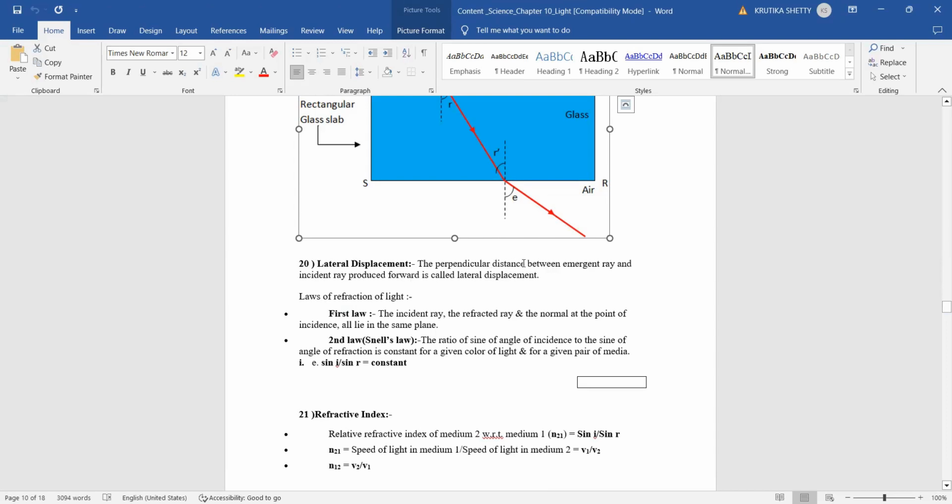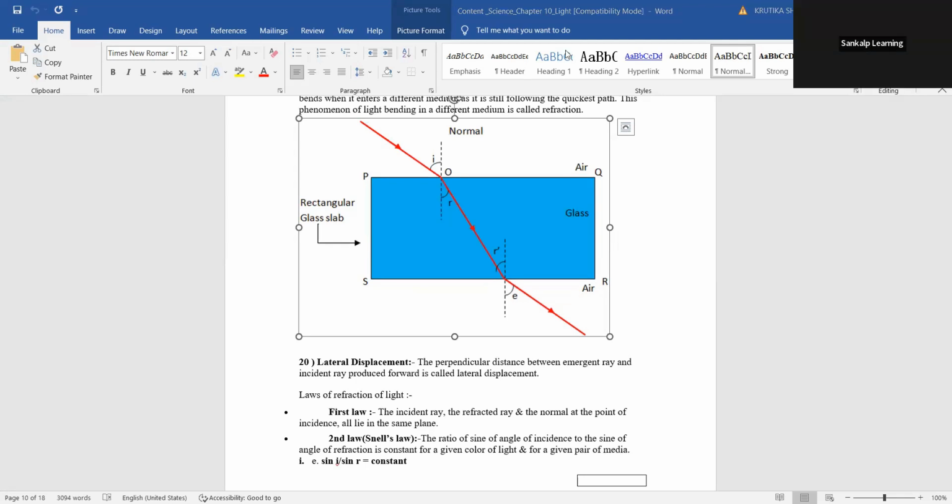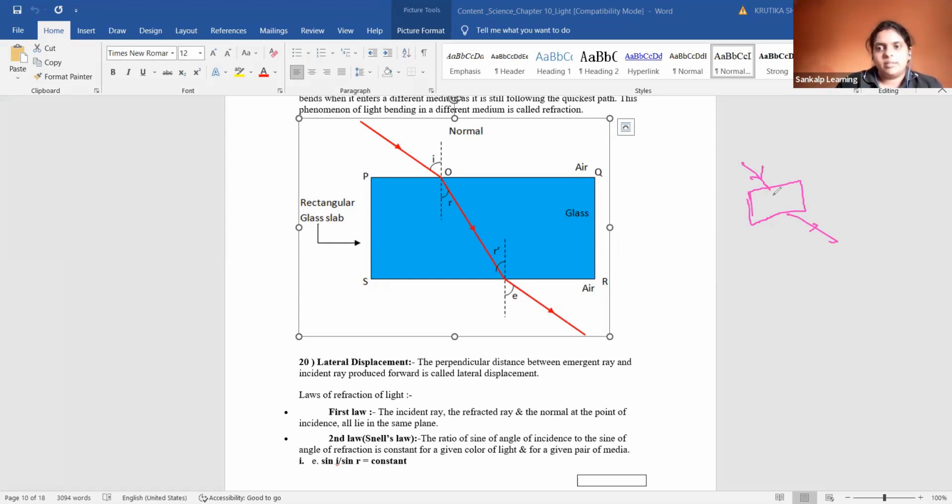See here, the perpendicular distance between the emergent ray and the incident ray produced forward is called as what? Lateral displacement. So if I say this is my glass slab and this is my incident ray, and here it is the emergent ray.